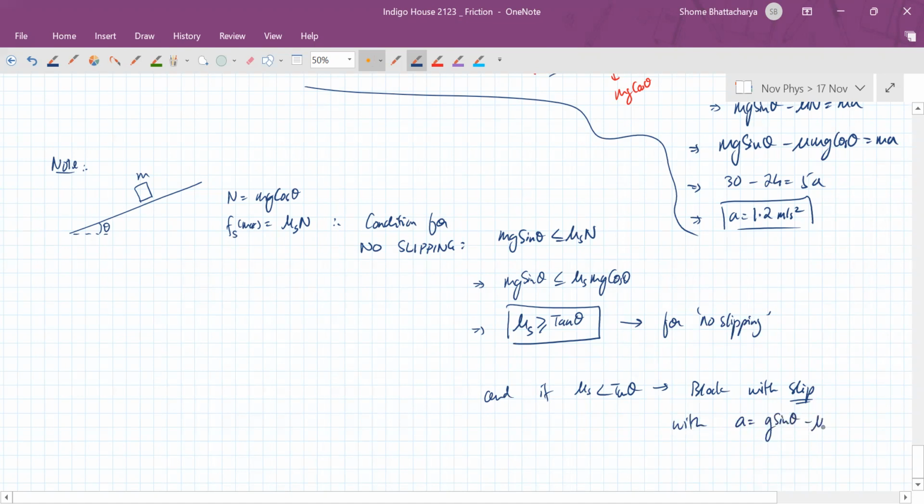Sir, when mu s is equal to tan theta, then theta is equal to the angle of repose, no? Yes, so that particular angle is given a special name. It is called the angle of repose.